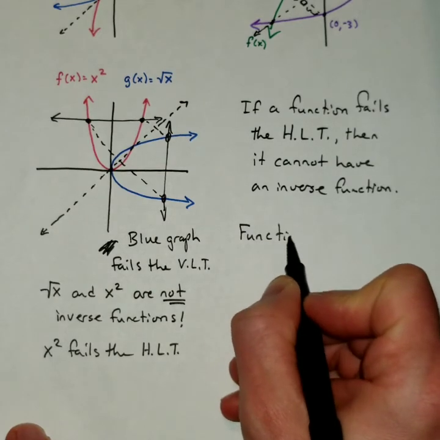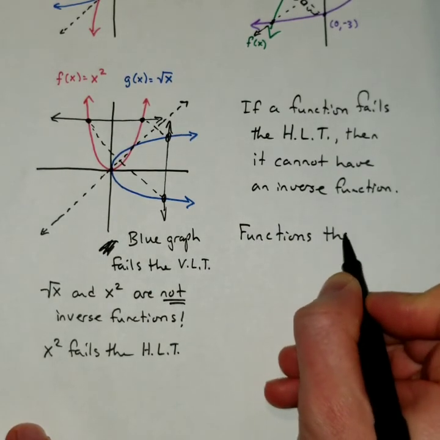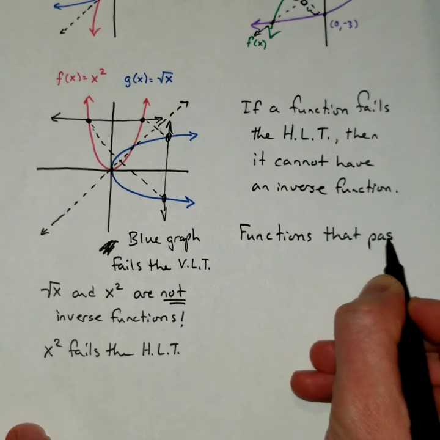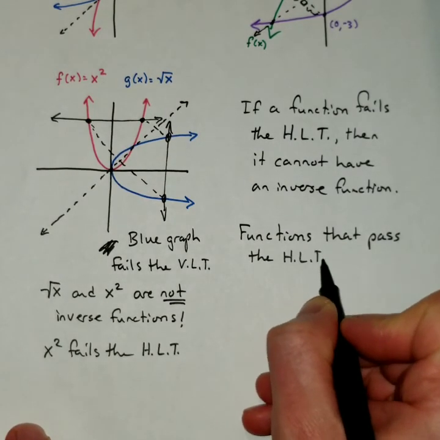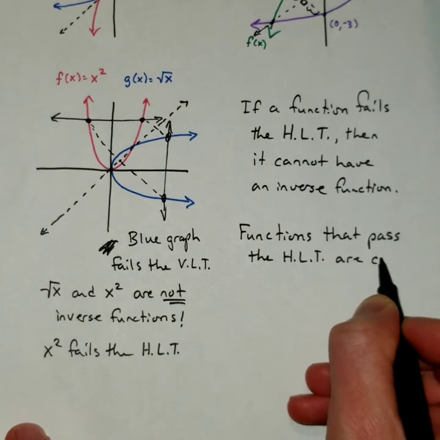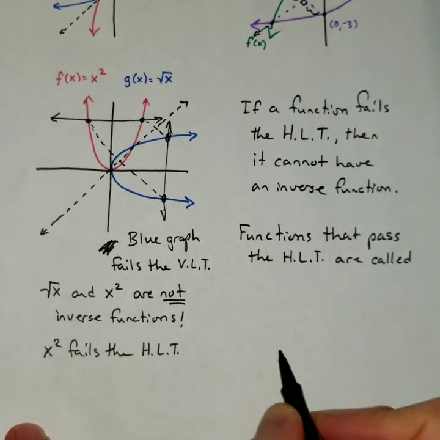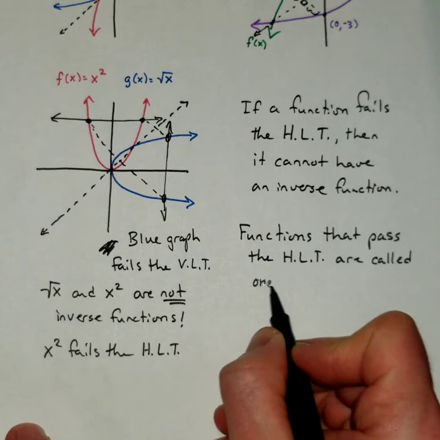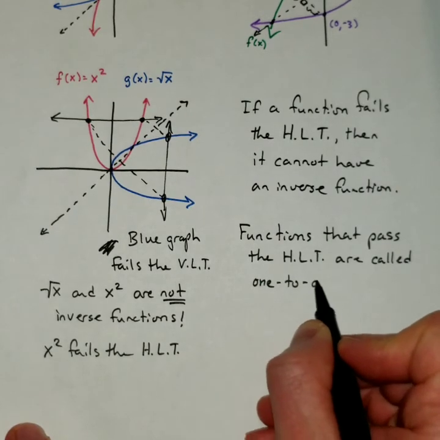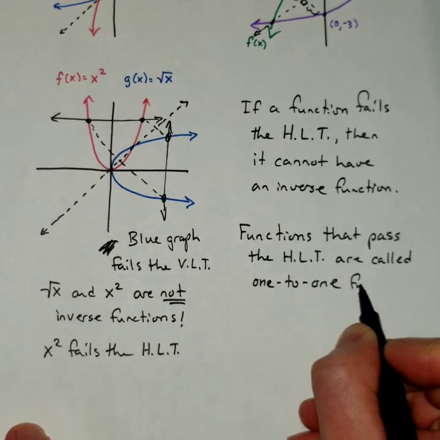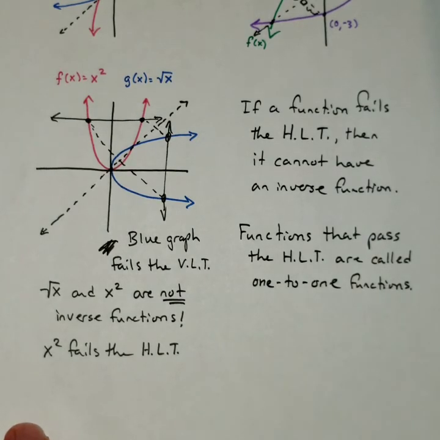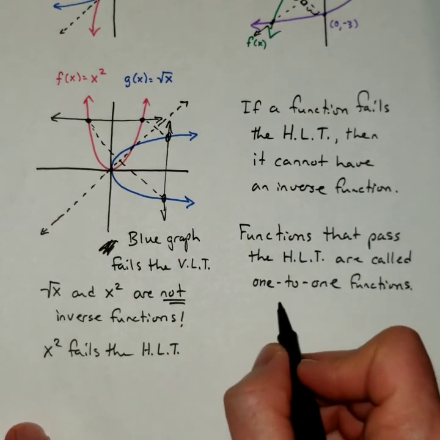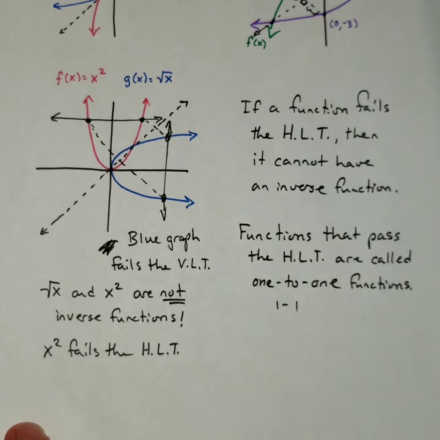So functions that pass the horizontal line test are called 1-to-1 functions. Okay. Now, for short, I usually abbreviate that 1-1, right? 1-to-1.